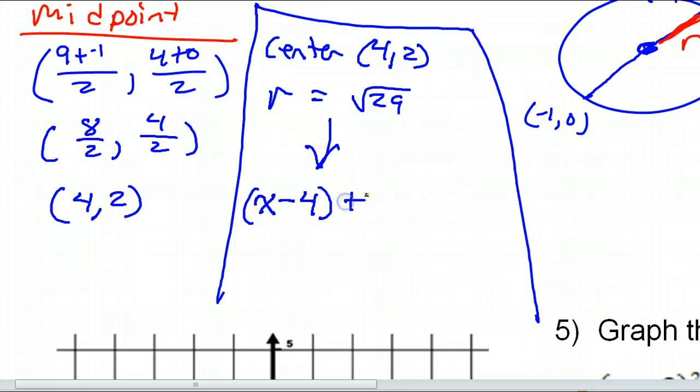And then plus, minus 2, keep going, equals 29. Okay. There's a little something missing. Both of these will be squared.